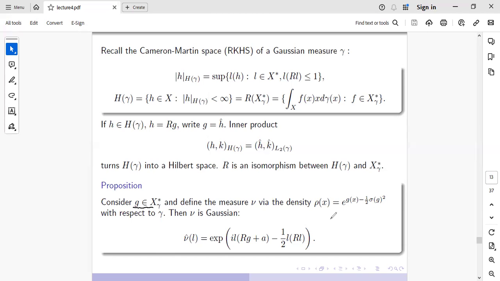Then if we consider a new measure, which is absolutely continuous with respect to γ and has the following density, we get a Gaussian measure. It has the same covariance operator as γ, and the mean is shifted by Rg.